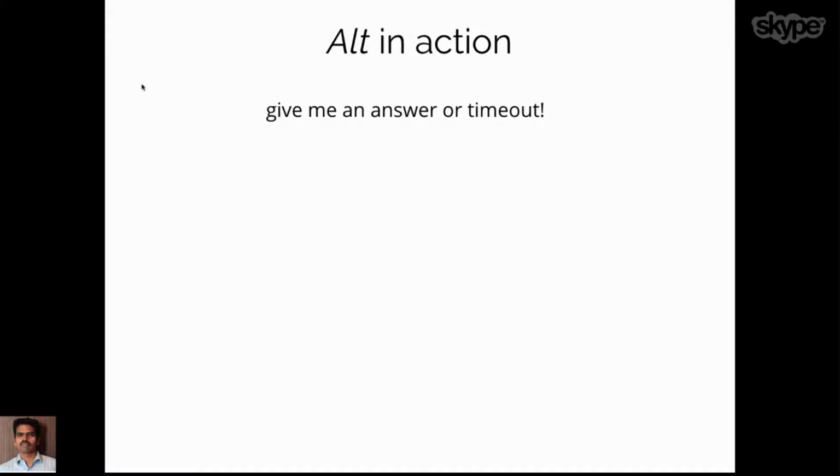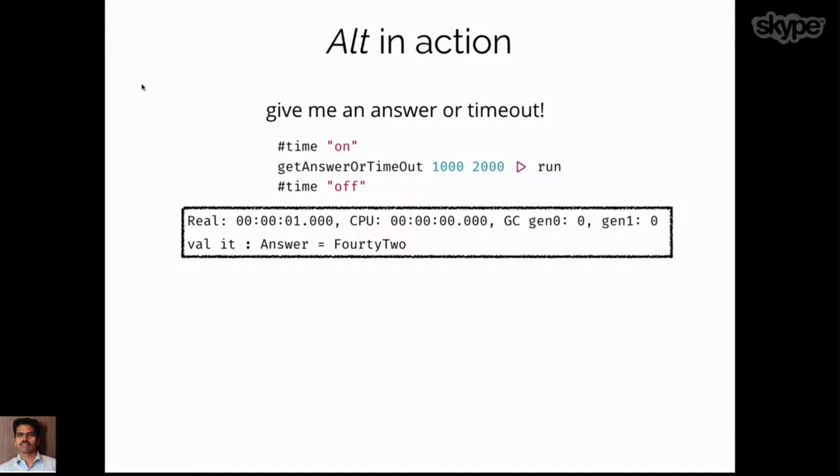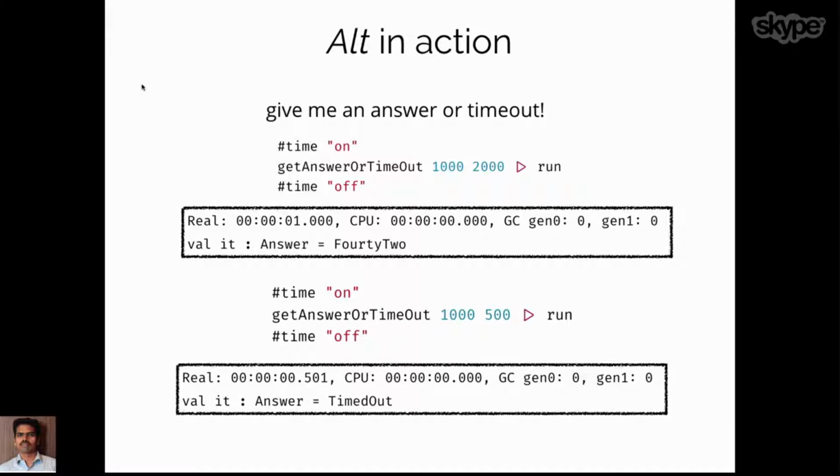So if you look at getAnswerOrTimeout with less time for delay and more time for tolerance, we get the answer 42. But if the tolerance is lesser than the actual delay, what we are going to see is the timeout as the response.